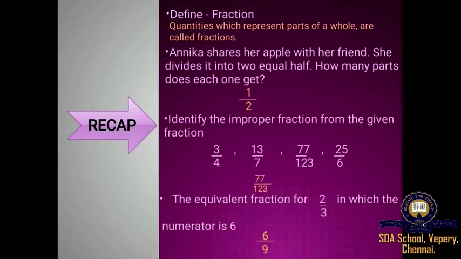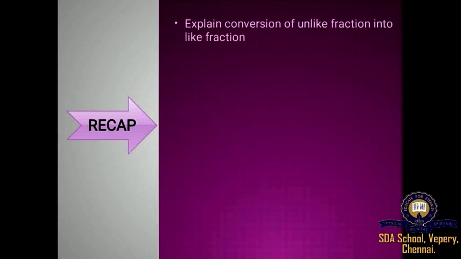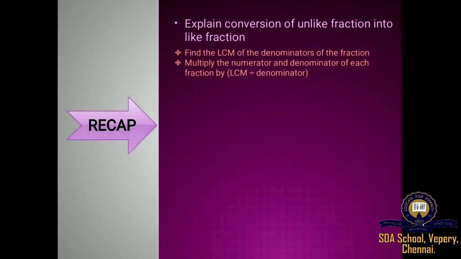So it is 6 by 9. Explain conversion of unlike fraction into like fraction. Yes, first we have to find the LCM of the denominators of the fractions, then multiply the numerator and denominator of each fraction by LCM divided by denominator.